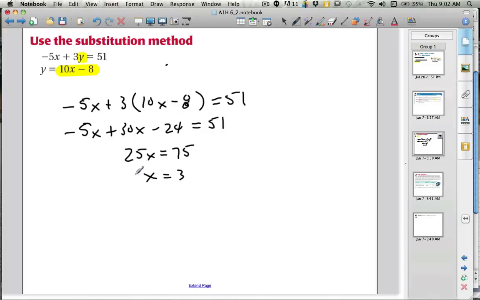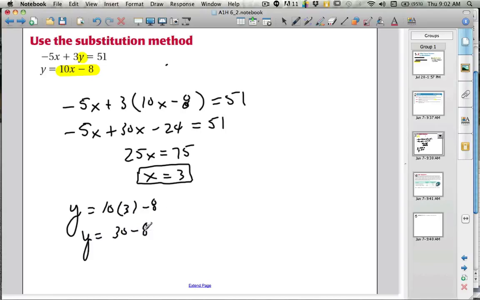Now that I know that x is equal to 3, I can substitute 3 into one of these equations in place of x. I'm going to substitute it into the second equation. y is equal to 10 times 3 minus 8. So 30 minus 8, y is equal to 22.